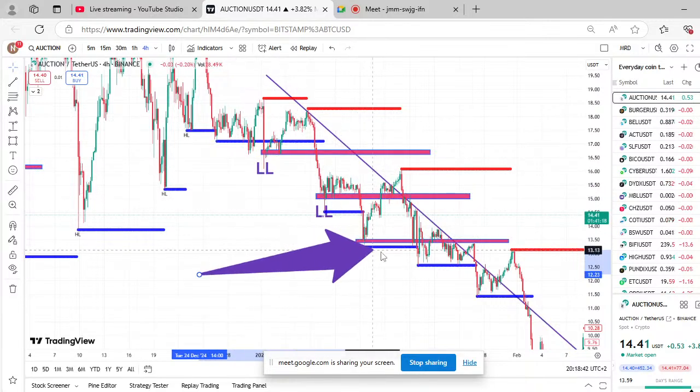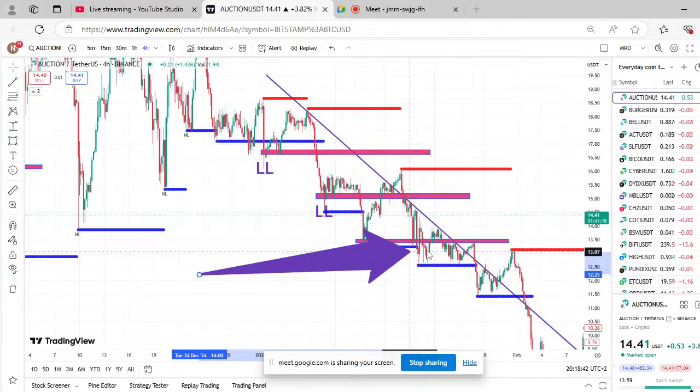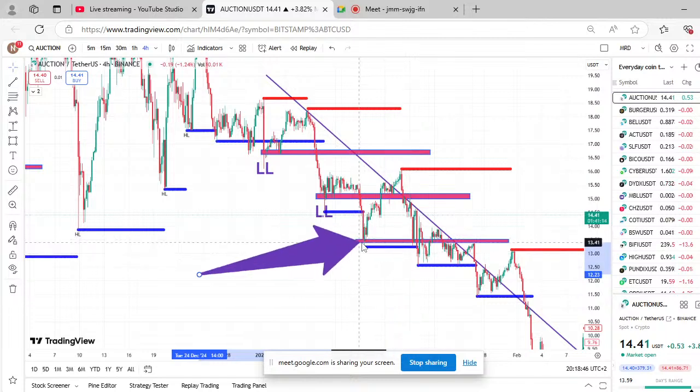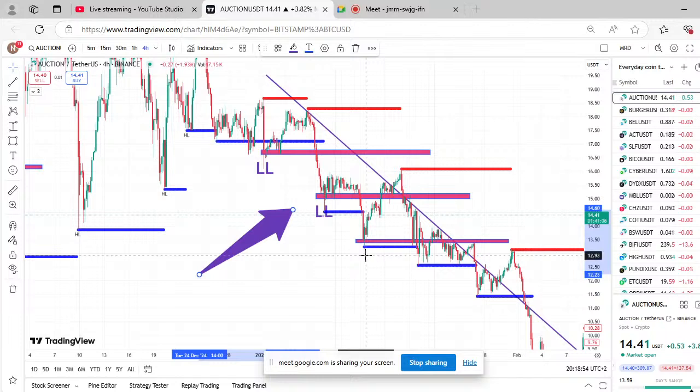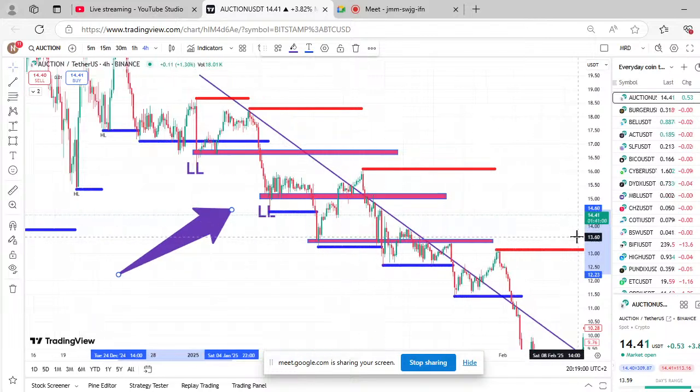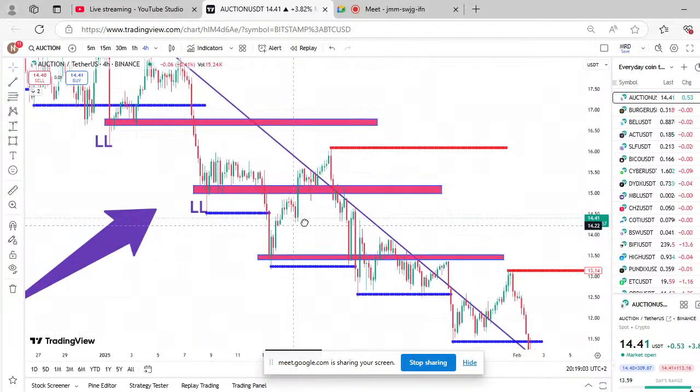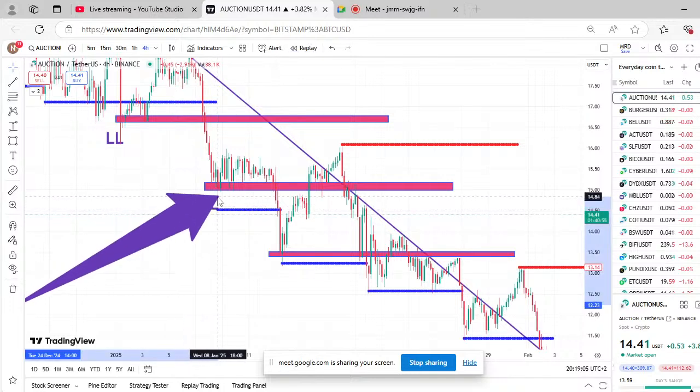Then we draw a line on the lower lows, wait for the market to break, then after forming a new lower low and stabilizing. By stabilizing, we said that we have to go to 1 hour and check whether we have 1 or 2 green candles. Now from there, for example, like here, this is lower low number 2, which could be the confirmation.